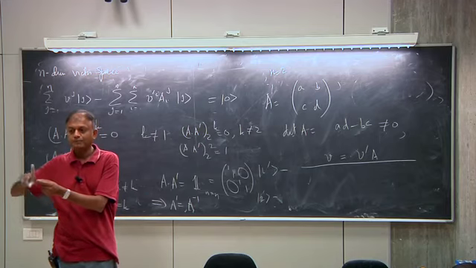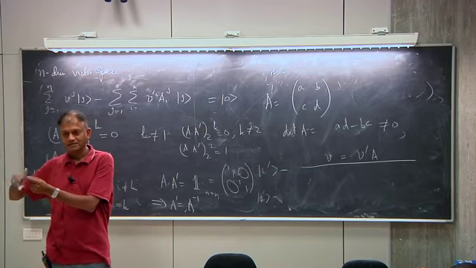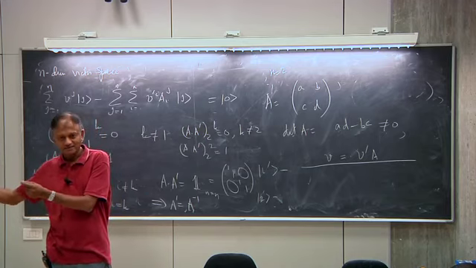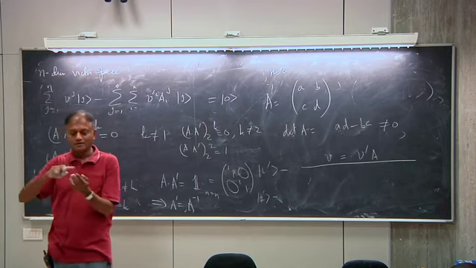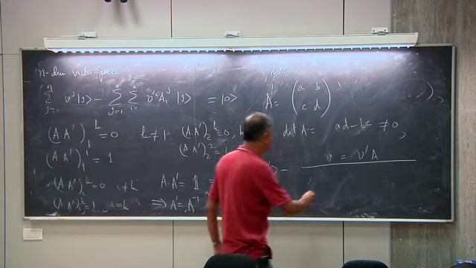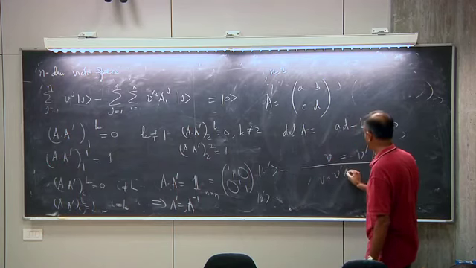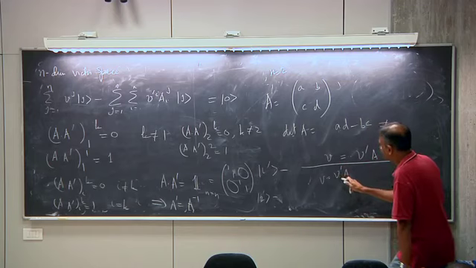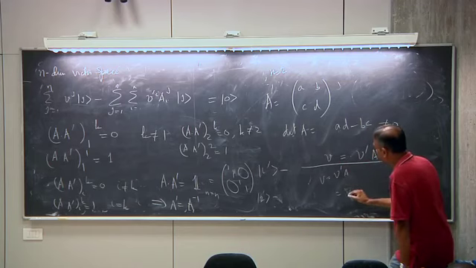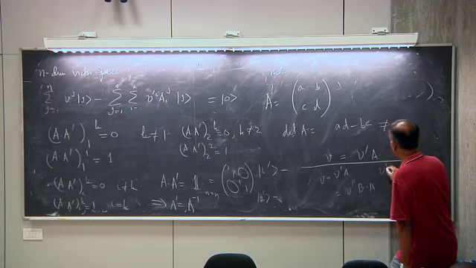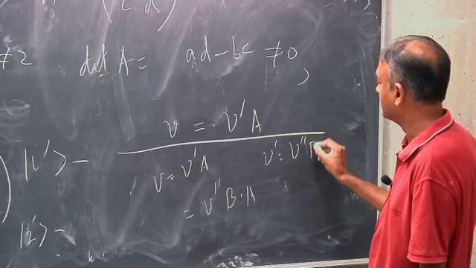Then I apply another matrix, let's say B, on that, I find another basis, right? So first I apply V equal to V prime A, and then on V prime I again apply another matrix B. So I write V double prime B A. So V prime is V double prime B.